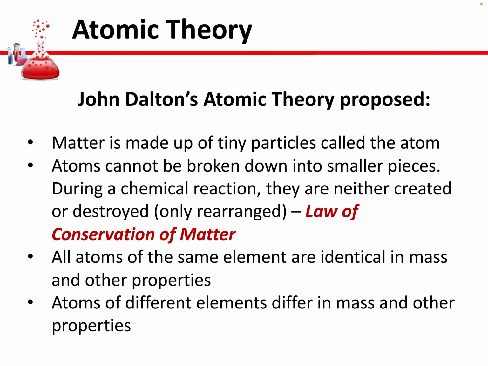So atoms have 3 major components. They contain a nucleus where 2 of the particles are going to be found, and then they contain an electron cloud where the electrons are going to be found. So inside the nucleus of the atom, the 2 particles are the protons and the neutrons.